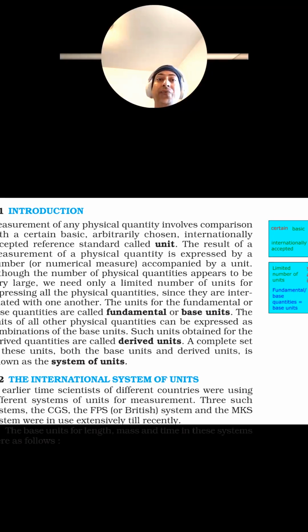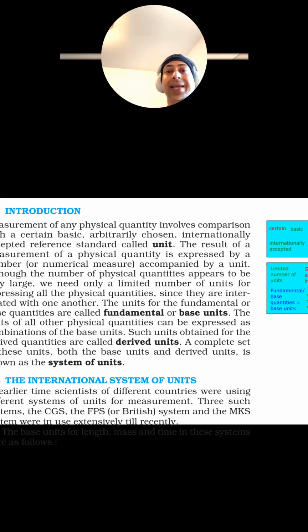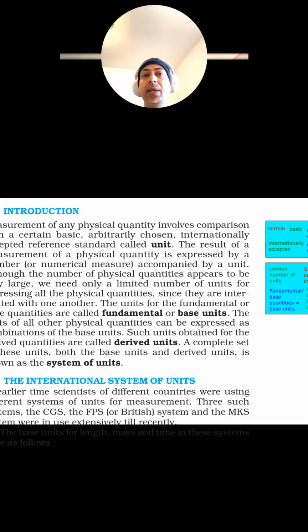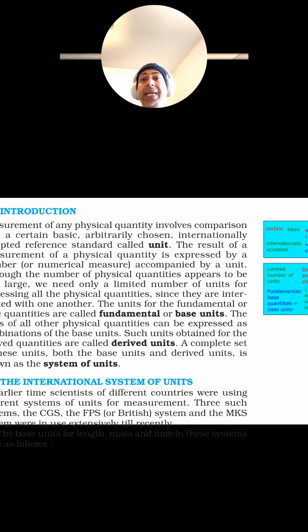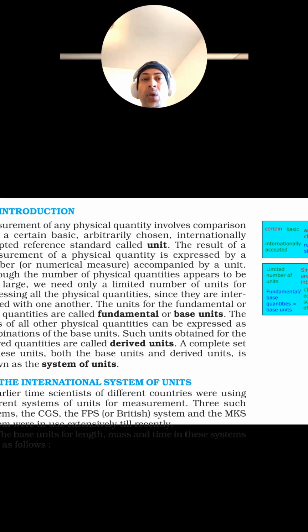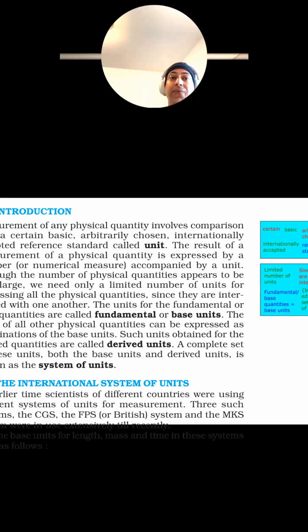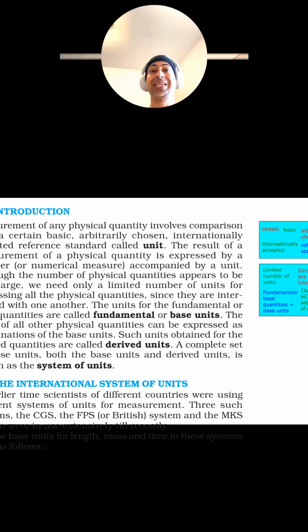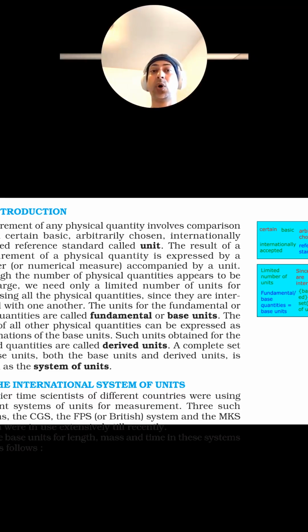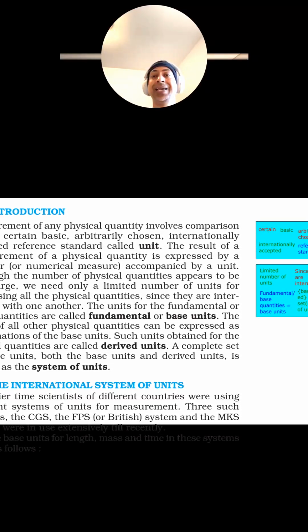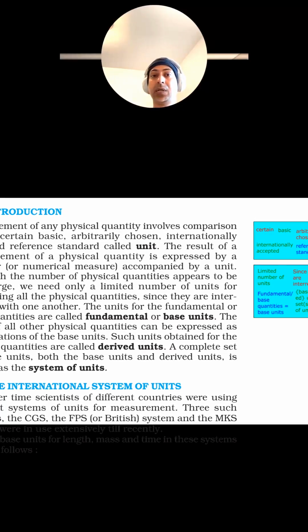The result of a measurement of a physical quantity is expressed by a number or numerical measure accompanied by a unit. Although the number of physical quantities appears to be very large, we need only a limited number of units for expressing all the physical quantities since they are interrelated with one another.